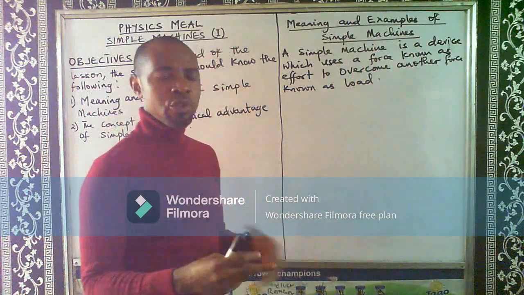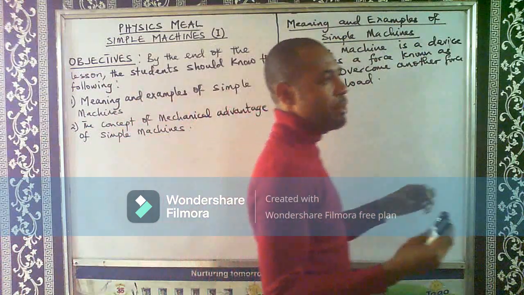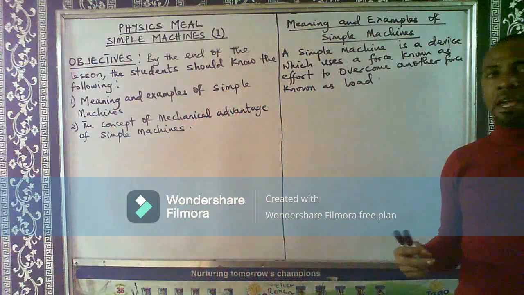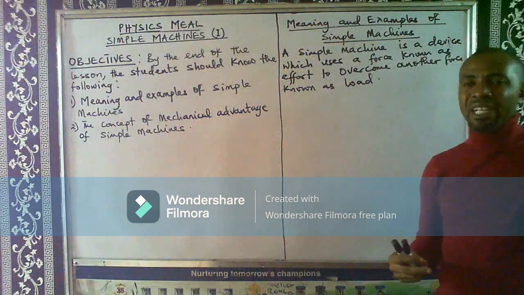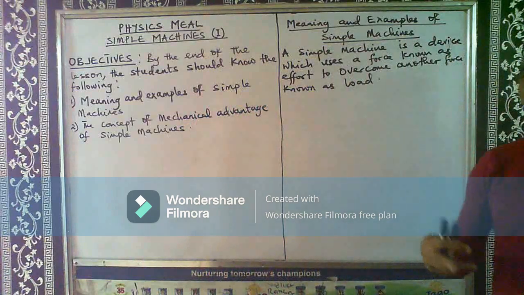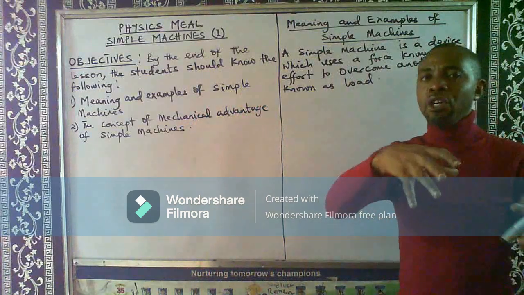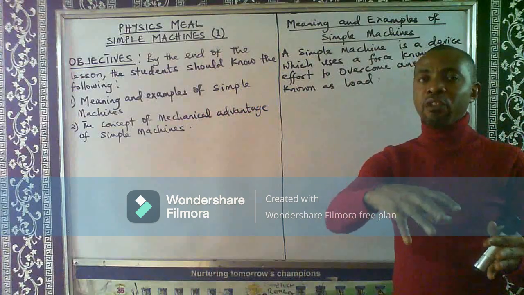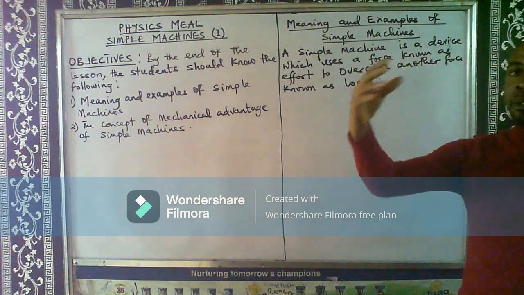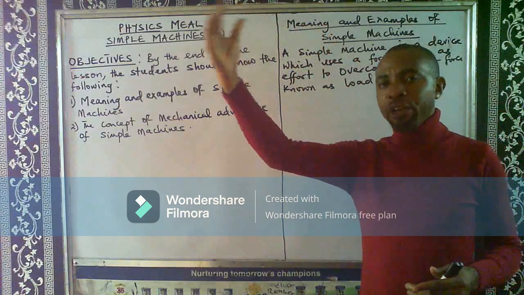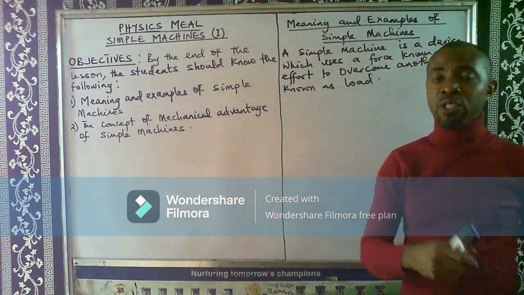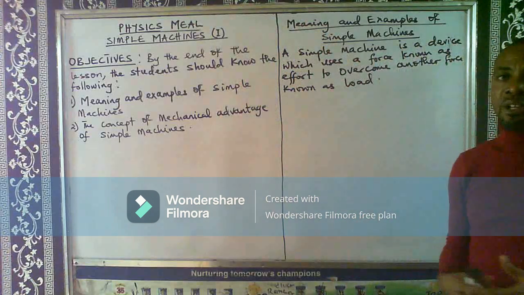So in a machine, we use a force known as effort to overcome another resisting force known as what? As load. So what it means is that in every machine, we apply a force known as effort at one point of the machine, and then the application of that force at one point will help us to overcome another force known as load at another point.